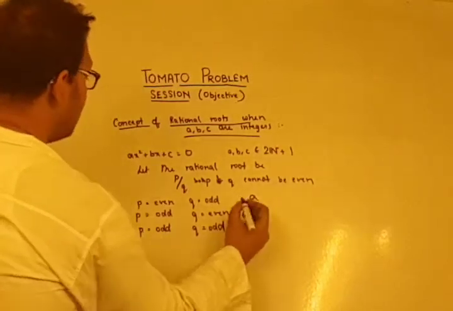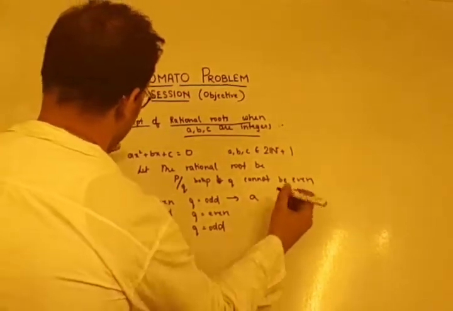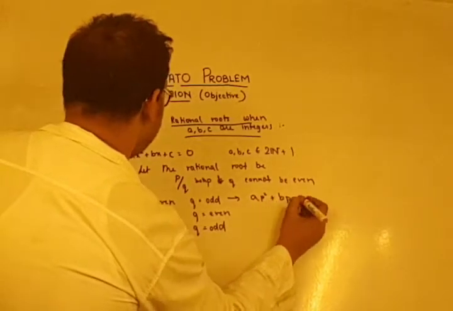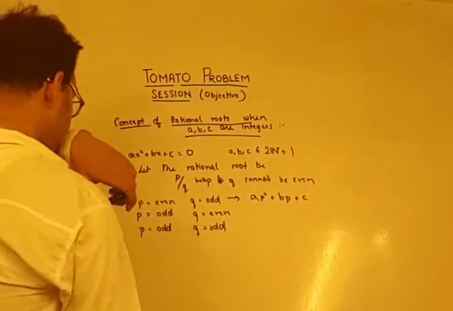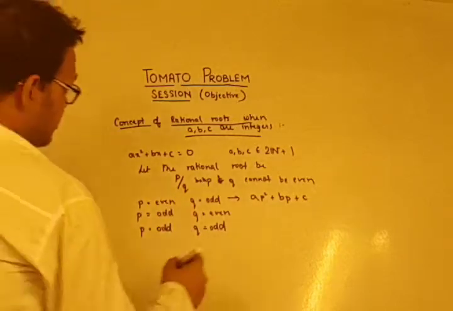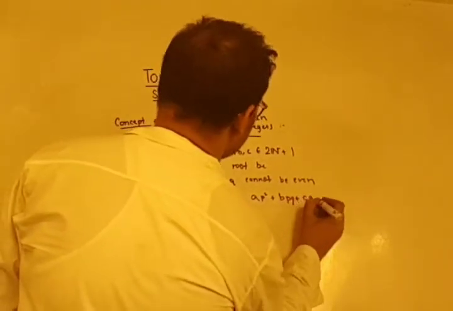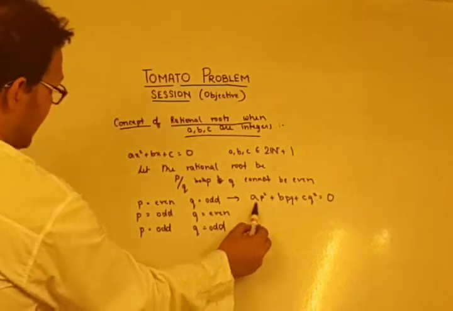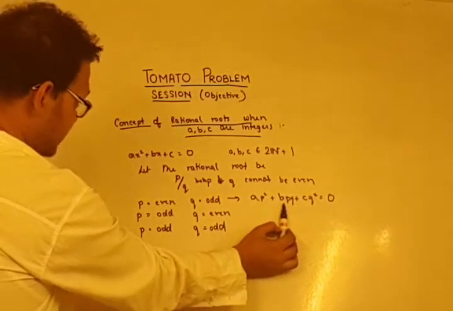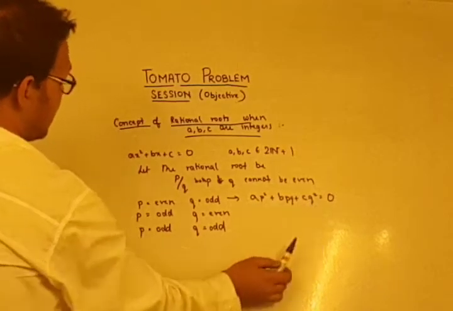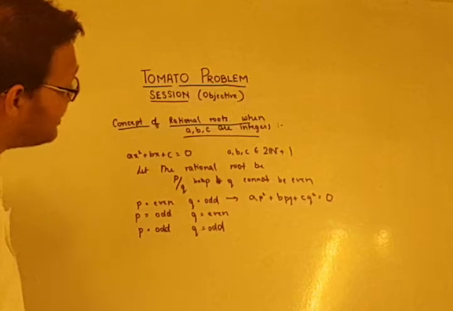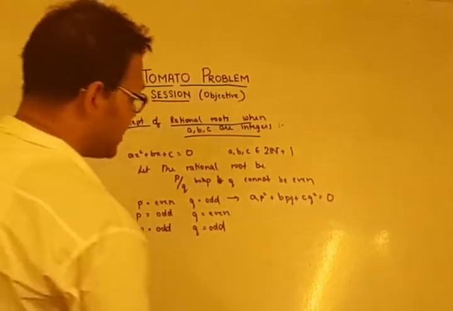In the first case, it becomes AP squared plus BPQ plus CQ squared equals 0, after multiplying by Q squared. Now the first two terms are even, but the last is odd. Even plus even is even, and even plus odd is odd, which implies odd equals 0, which cannot happen.